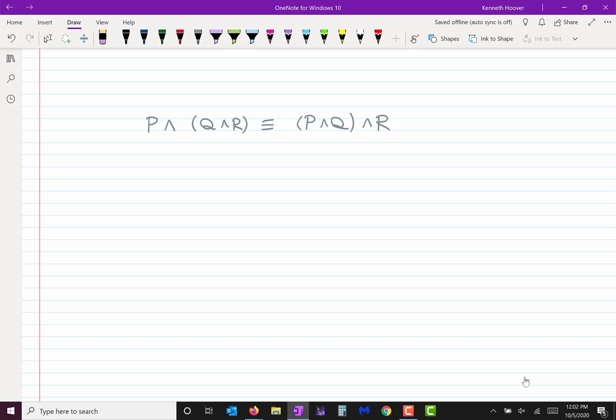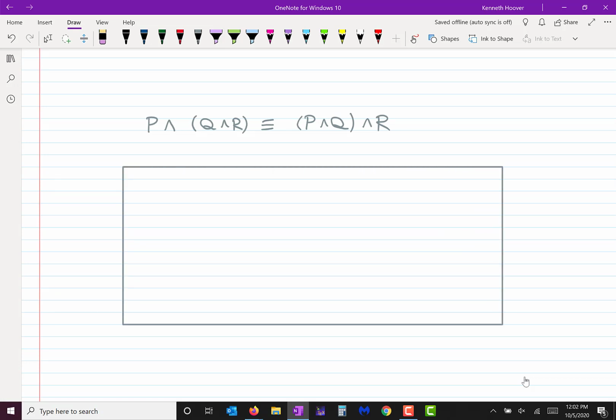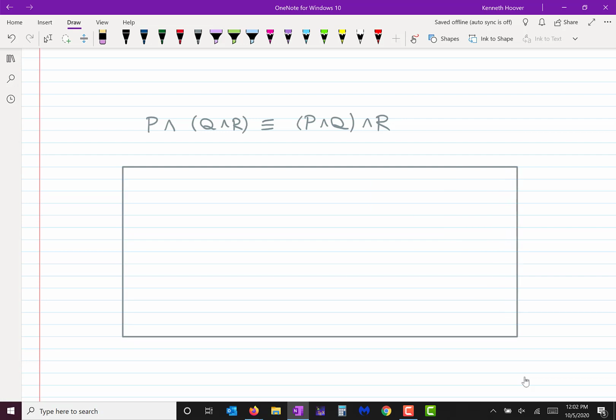So I think we're going to need it to be, let's see, I think this should be big enough. Okay, so we got three variables, P, Q, and R, which means there's 8 possible combinations.